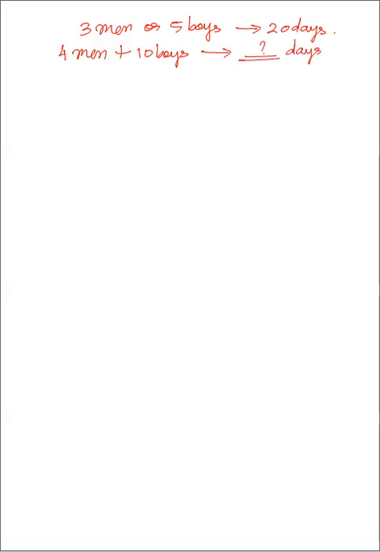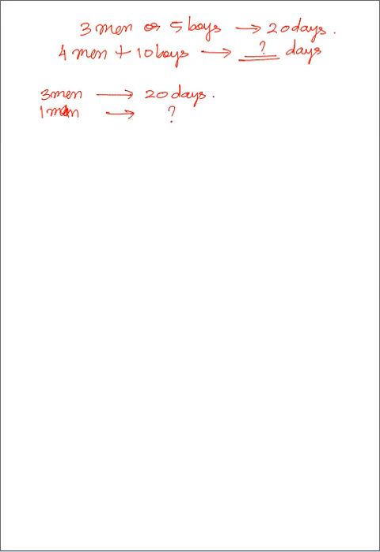Now see here, individually we will bifurcate. Suppose I am considering only men: 3 men will need 20 days. So how many days will 1 man need? Obviously here also it is indirect proportion.